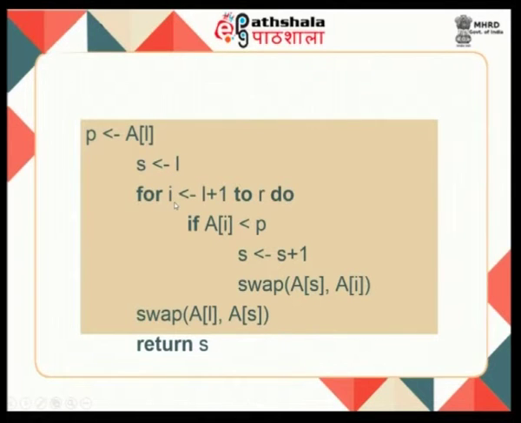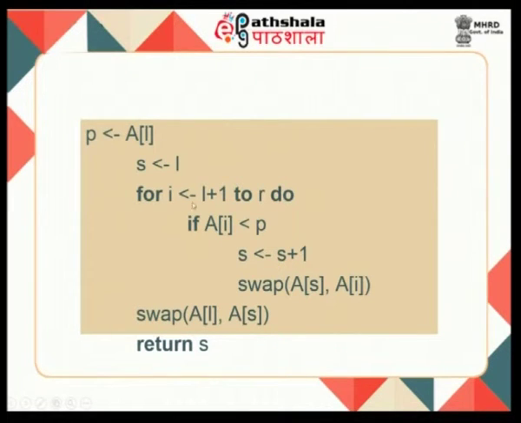I is a pointer that starts from L plus 1 to R, and as you have seen in the numerical problem, we are checking whether A of I is going to be lesser than P. If that is the case, I am incrementing S and swapping A of S with A of I, and if not, this process goes on.